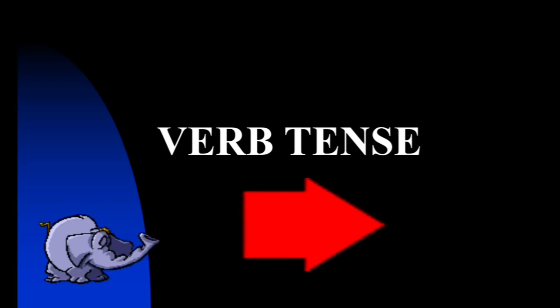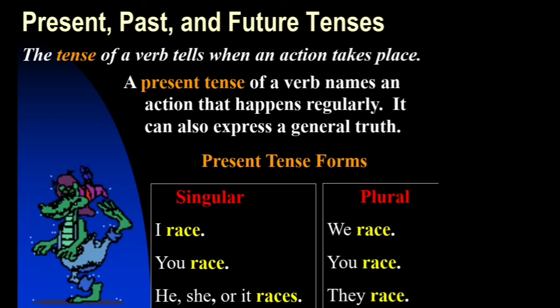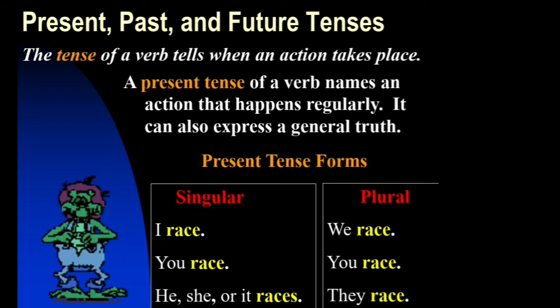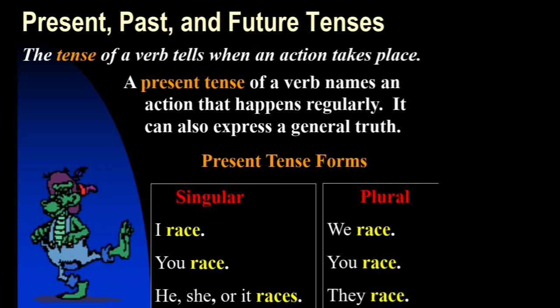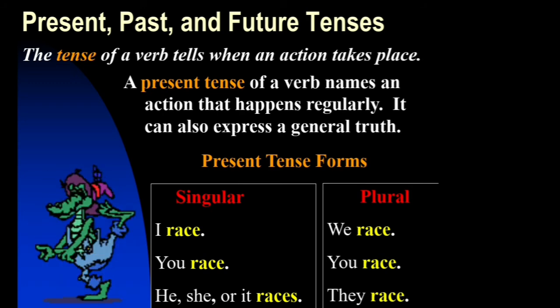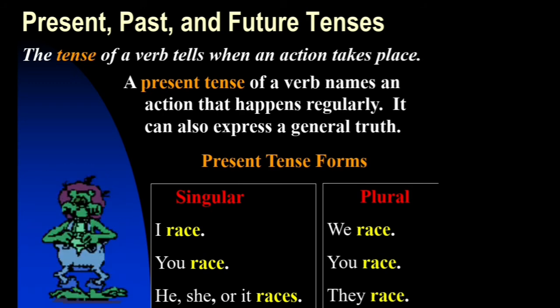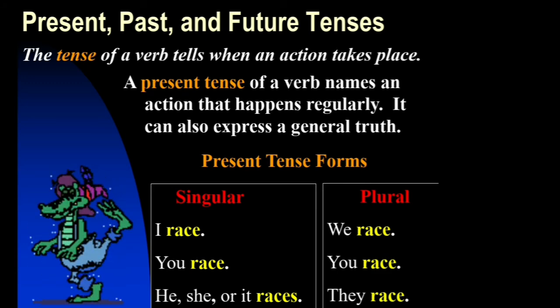Now come to verb tense. Present, past, and future tenses. The tense of a verb tells when an action takes place. A present tense verb names an action that happens regularly.